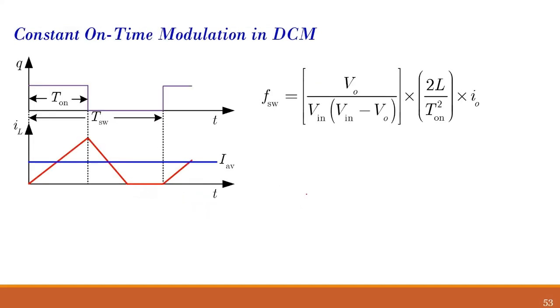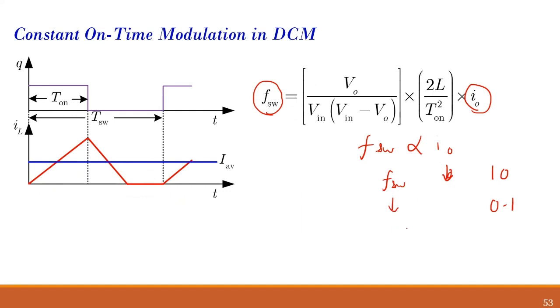Now, in constant on time, your switching frequency is directly dependent on your output current. So if my output current is reducing, from 10 amperes to 0.1 ampere, then my switching frequency also will reduce accordingly. And this is advantageous because I want it to happen like that.